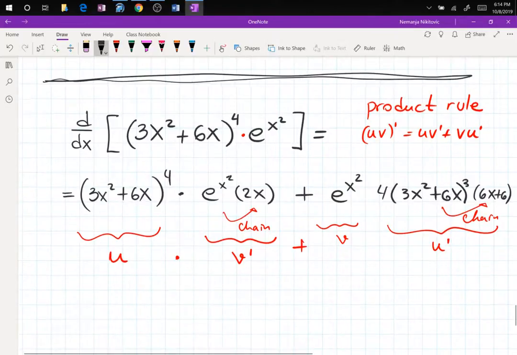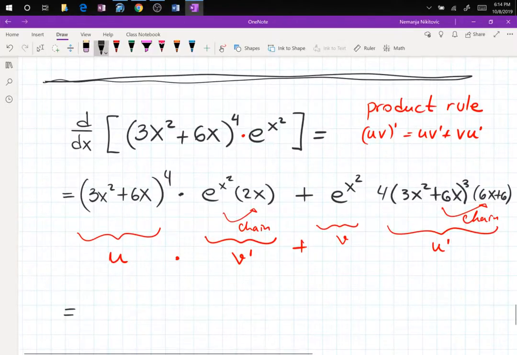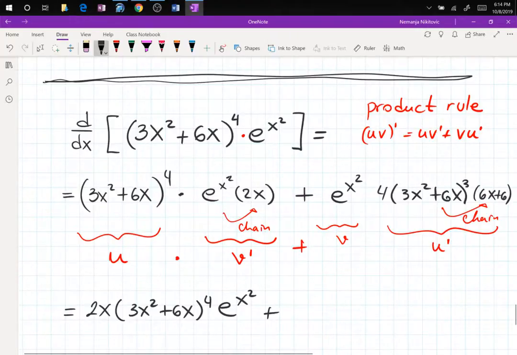Okay, so now we simplify this if possible. 2x times (3x squared plus 6x) to the fourth, e to the x squared, plus 24x plus 1 when I factor out 6, and then 6 times 4.